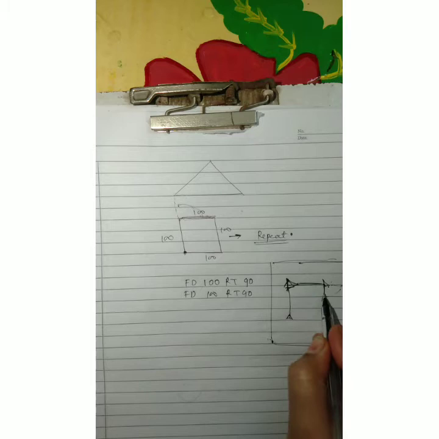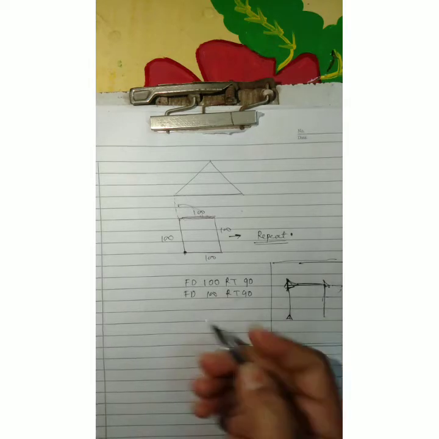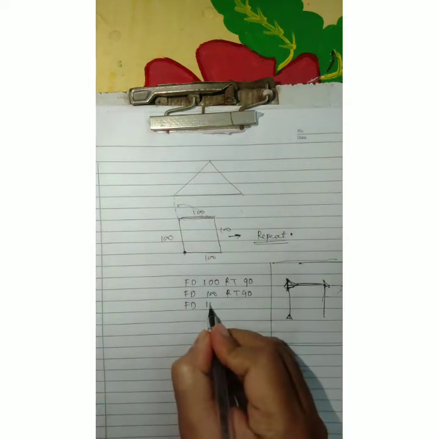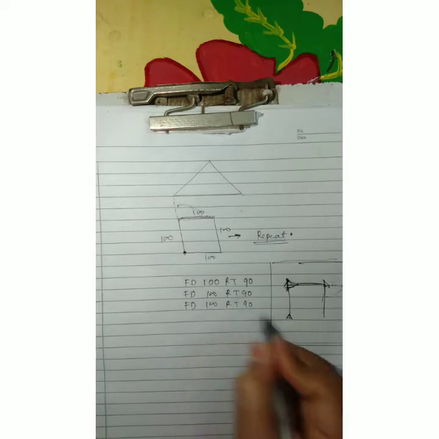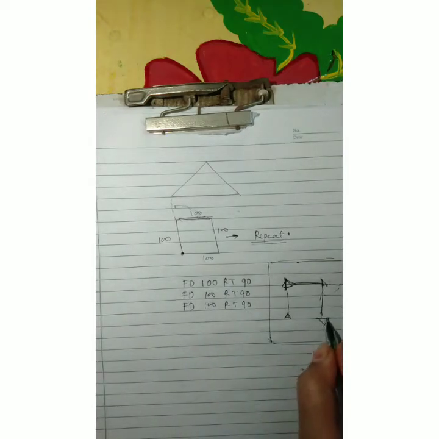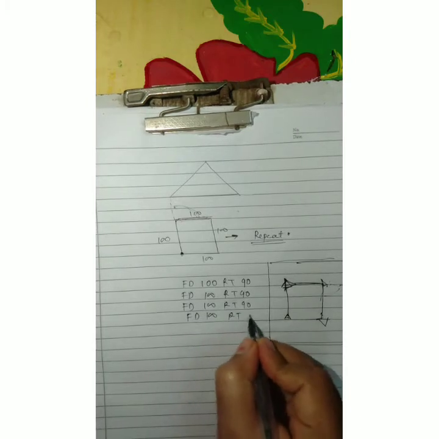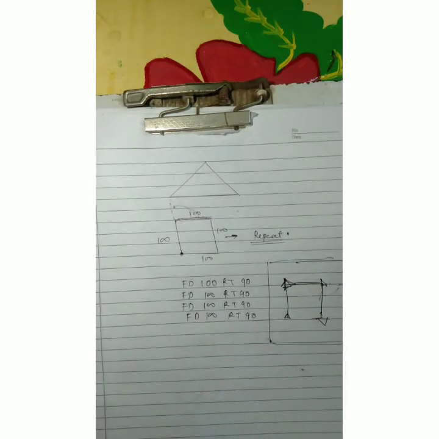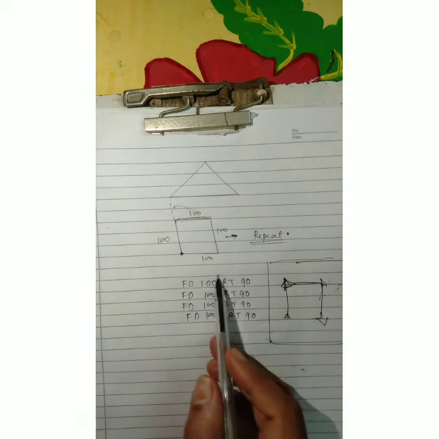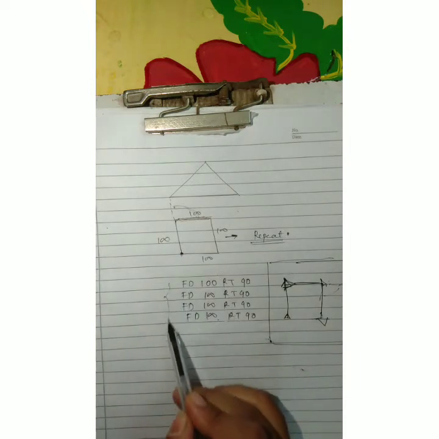And to move in the same direction and to take a turn, the same command FD 100, RT 90. Again to take a turn and to move in the same direction, FD 100, RT 90.